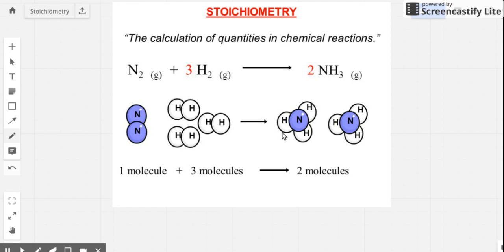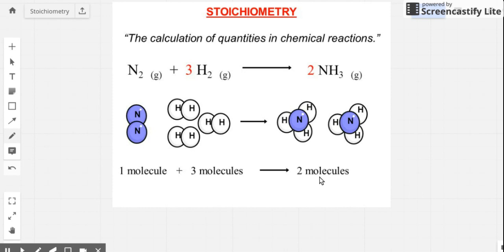So this is how it looks. You see the 2 nitrogen are there, and there are 6 hydrogen all in all, because you have 2 of the NH3 molecule. So 1 molecule plus 3 molecules of N2 and H2 respectively will generate 2 molecules of NH3.